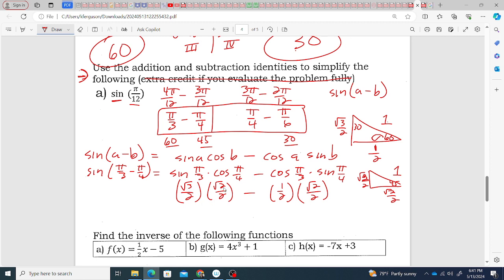So now I just multiply. 3 times 2 is 6, so that's square root of 6. 2 times 2 is 4, minus 1 times square root of 2 is square root of 2, over 2 times 2 is 4. So you can write it as one numerator over 4, either one of those. I saw somebody who had these two and said 5 because they said 3 plus 2. That's times. So it's 3 times 2. They're both under the square root, so you can multiply them.